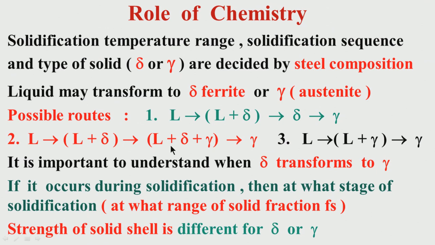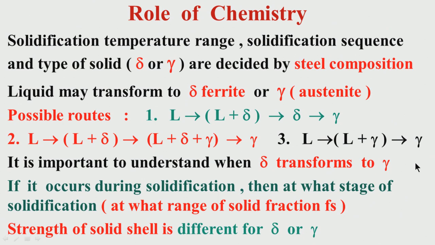So finally you go through the liquid plus delta plus gamma region and then gamma, austenite. Or when you go beyond the peritectic reaction, there is no delta. So liquid goes to liquid plus gamma and then gamma. Finally at low temperature you have only gamma, but the solidification mode is different.